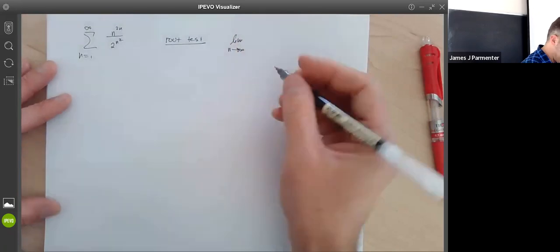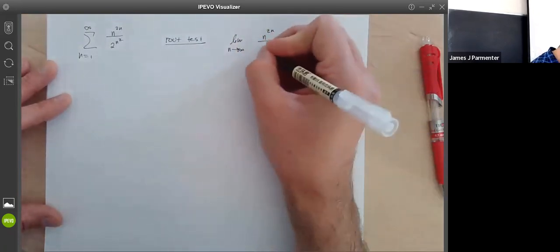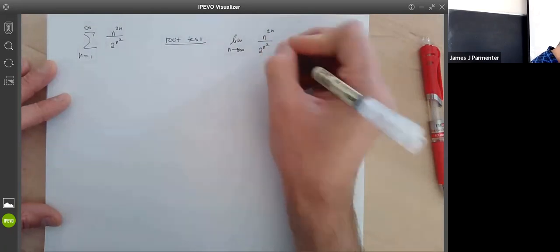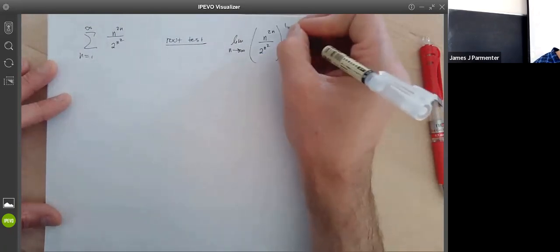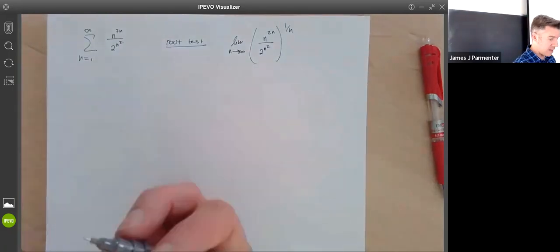And I really do think it's in our best interest to write it as our a sub n term to the 1 over n power. And then we have a power to a power, we multiply those powers.